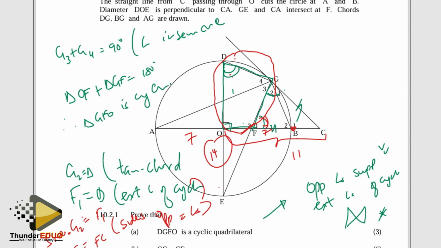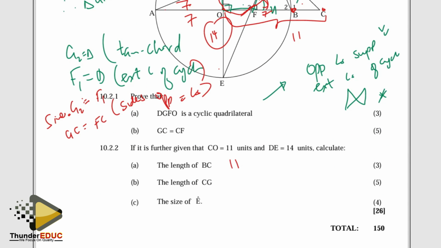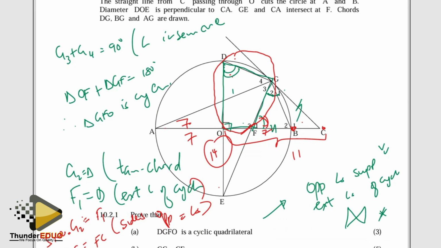It's from here up to here. So if the radius is 7, from here up to here is a 7. What's that going to be? Just 11 minus 7, which is a 4. And then they want the length of CG. CG, where's CG? This distance. But we say that this is the same as that. From here, this is 4.